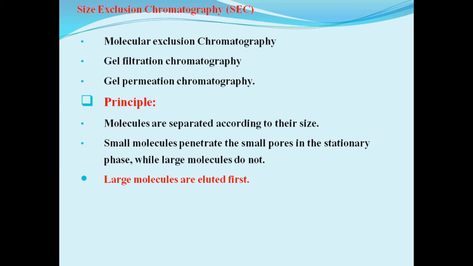The chromatography column is packed with fine porous beads which are composed of dextran polymers, known as Sephadex, agarose, Sepharose, or polyacrylamide, Sephacryl or Biogel P. The pore size of these beads is used to estimate the dimensions of macromolecules.